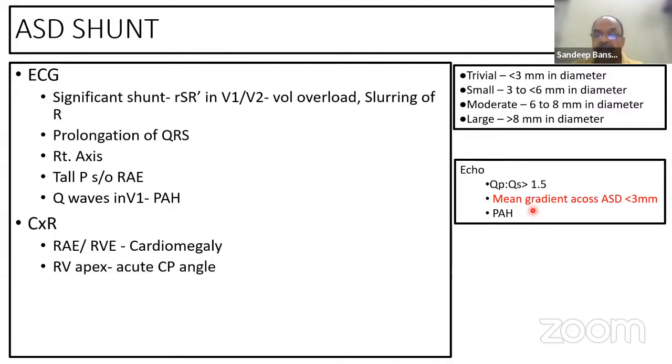So one important take from this about ASD is the mean gradient of less than 3. We asked so many students, and very few of them answer this correctly, that it is the mean gradient of the flow across the atrial septal defect which is an important determinant of the size of the ASD.